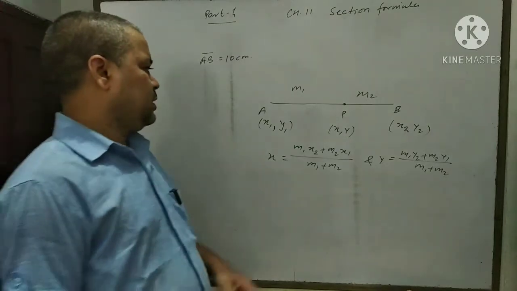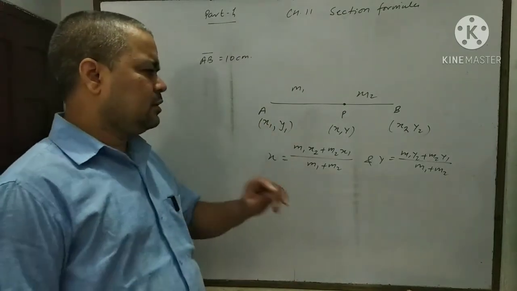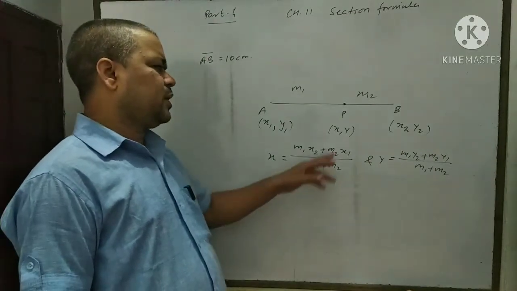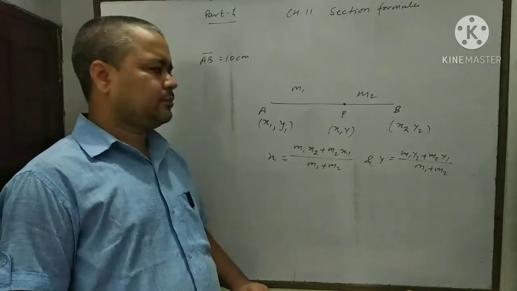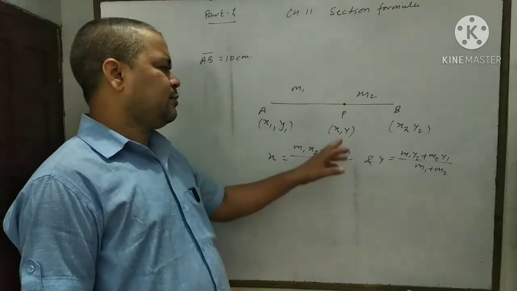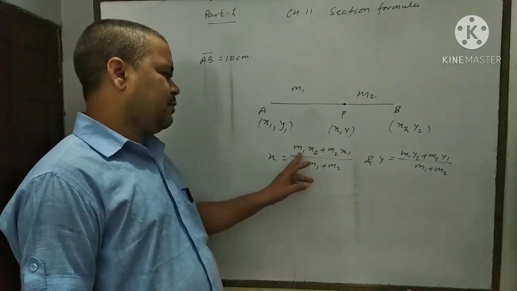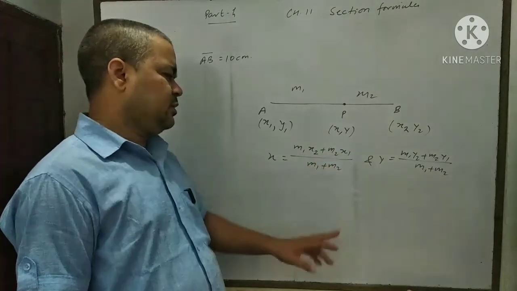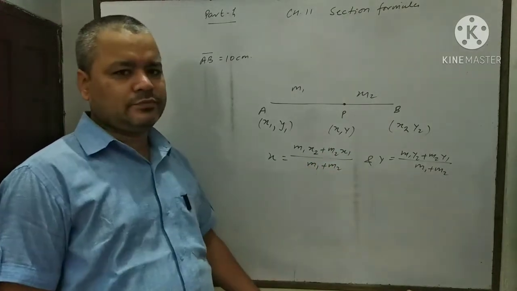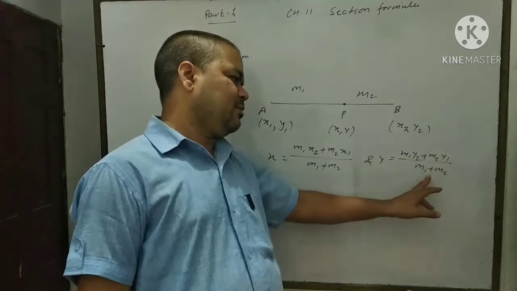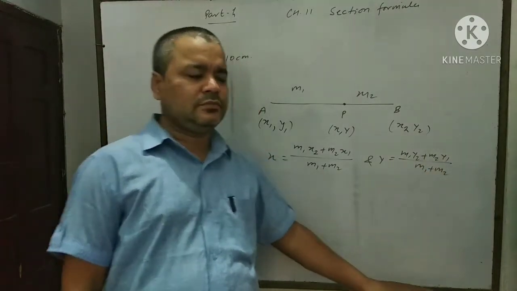Here x1, y1 are given, x2, y2 are given, and we have to find the coordinate of point P. Let the coordinate of point P be x, y. Therefore, x is equal to m1 x2 plus m2 x1 upon m1 plus m2, and y is equal to m1 y2 plus m2 y1 upon m1 plus m2.